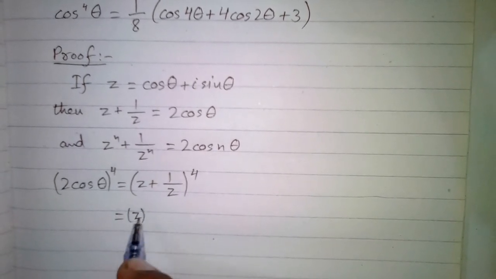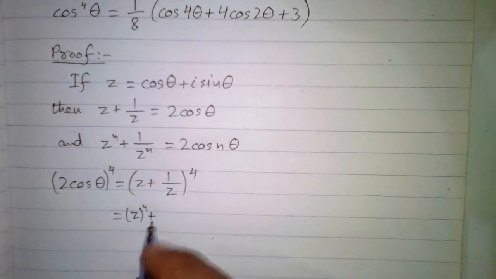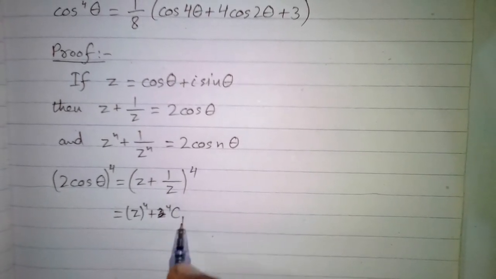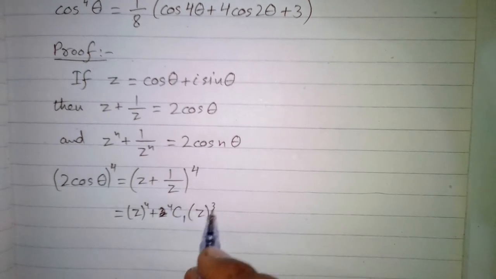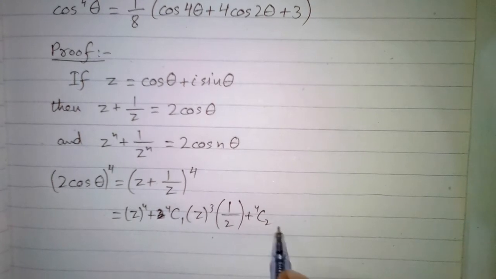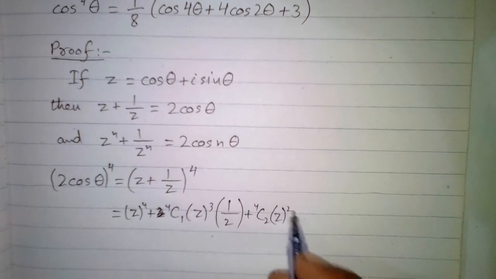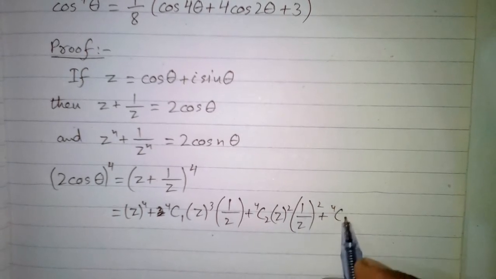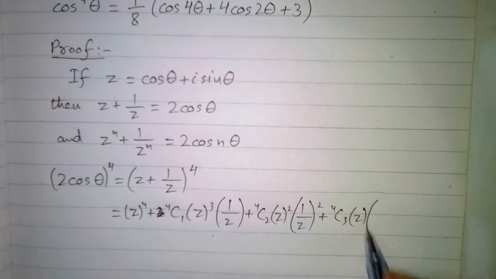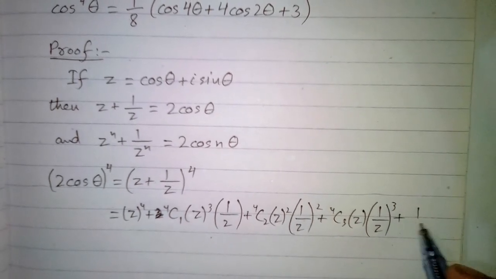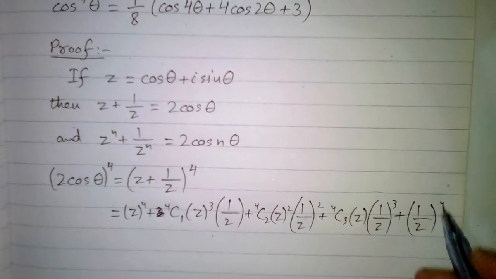So we have z^4 plus 4C1 z^3 multiplied by 1 upon z, plus 4C2 z^2 multiplied by 1 upon z^2, plus 4C3 z multiplied by 1 upon z^3, then plus 1 upon z^4.